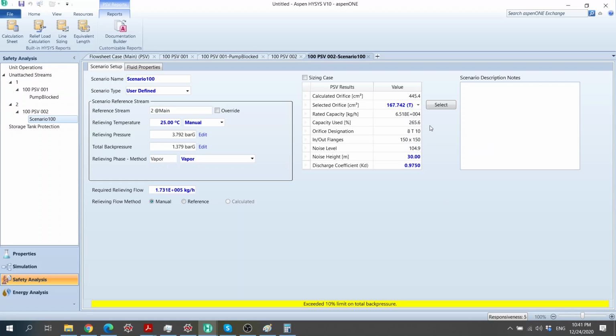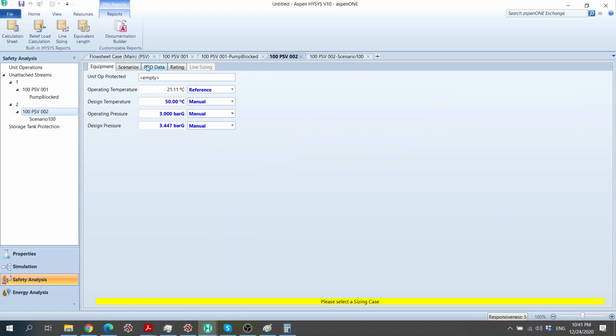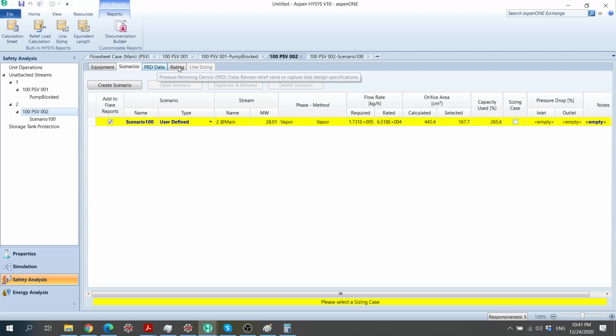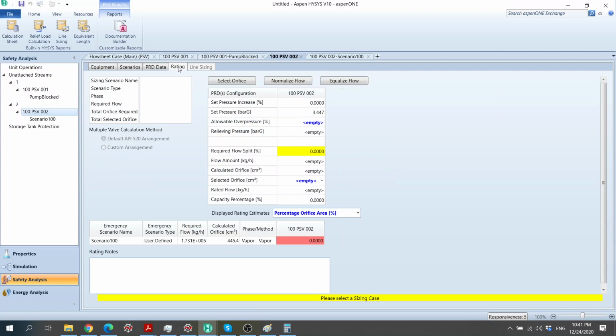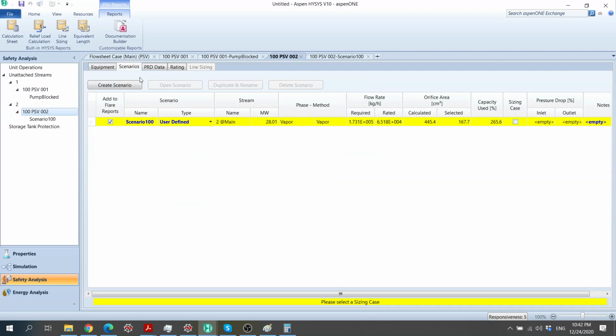Can we not select? Lower pressure 10. Sizing scenario, sizing case, yes, sizing case.